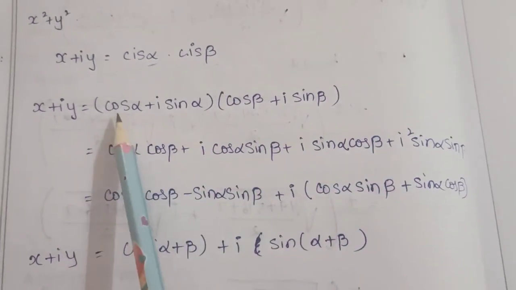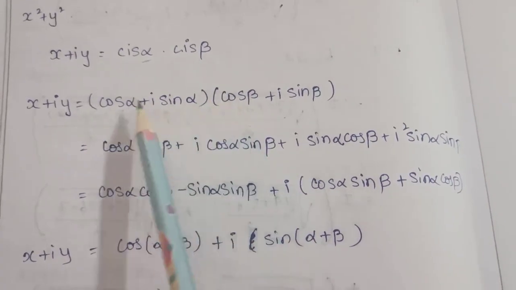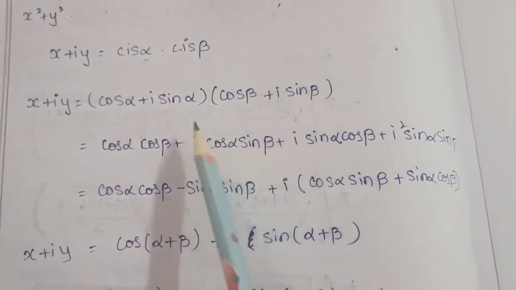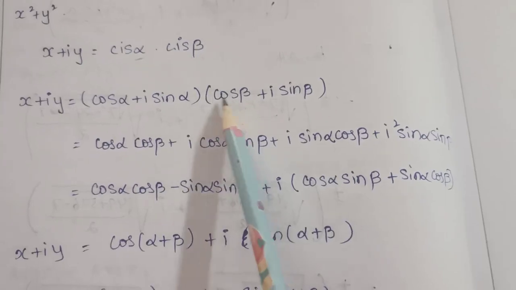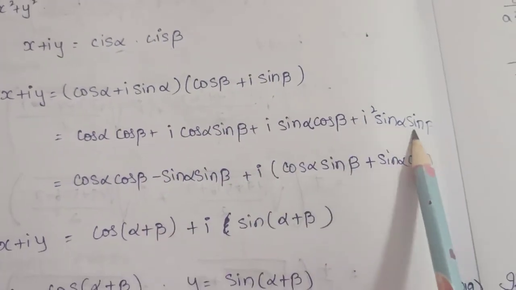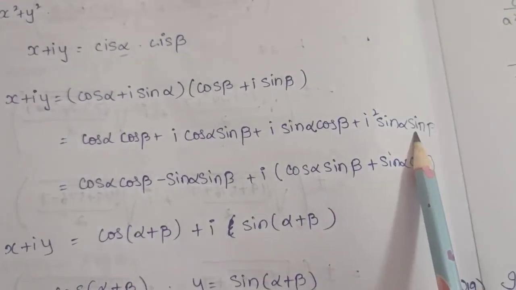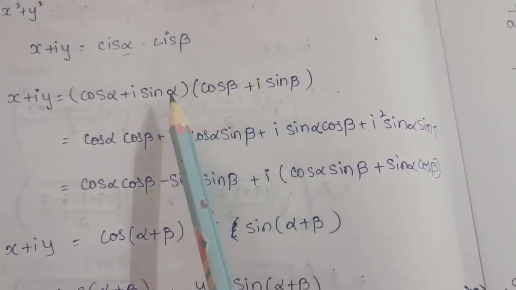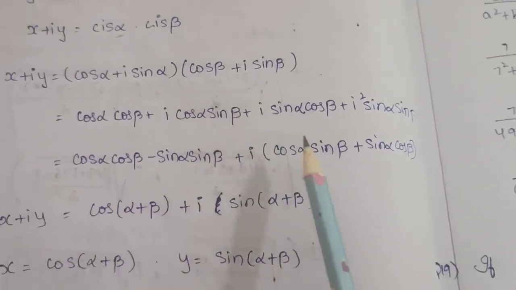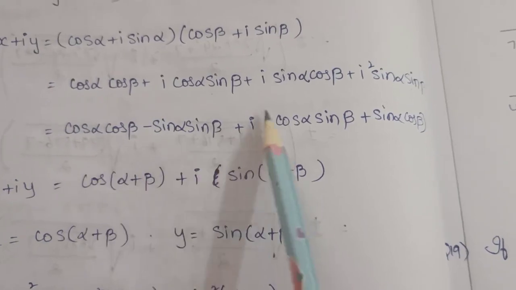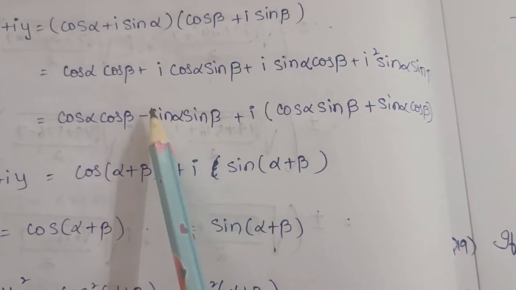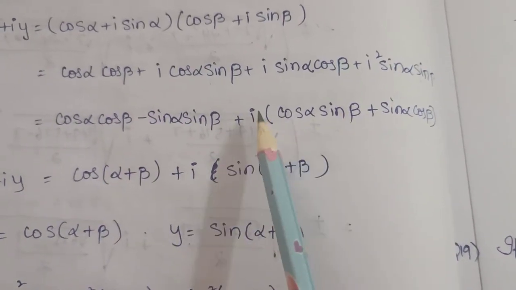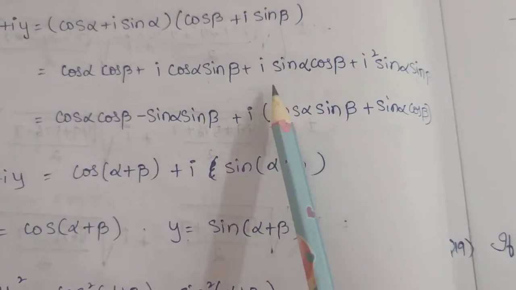Now we will multiply: cos alpha into cos beta, cos alpha into i sin beta, i sin alpha into cos beta, i sin alpha into i sin beta, so i into i square. First term, second term, whole bracket, multiply. Now arranging the terms, real parts on one side and imaginary parts on the other side. Imaginary means the terms with i.